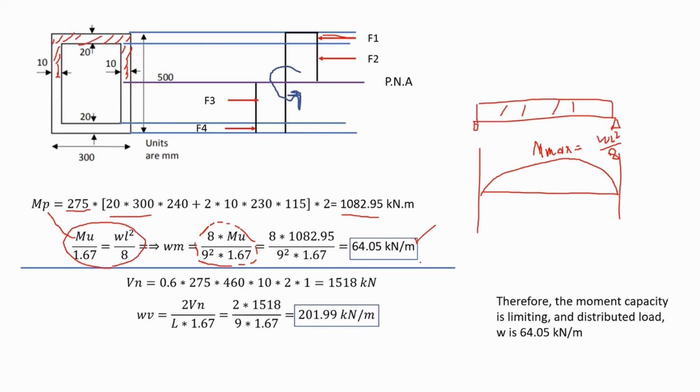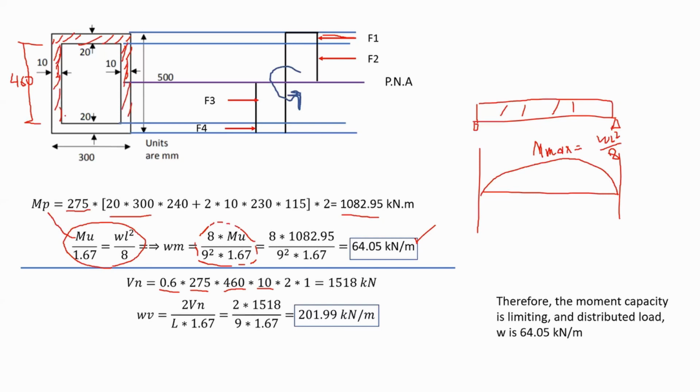You have to check for the shear capacity as well. So if we check for the shear capacity, again, 0.6 multiplied by Fy multiplied by the area of the web, 460, the 460 is the distance from here to there, multiplied by the thickness, 10, multiplied by 2 because I have two pieces.